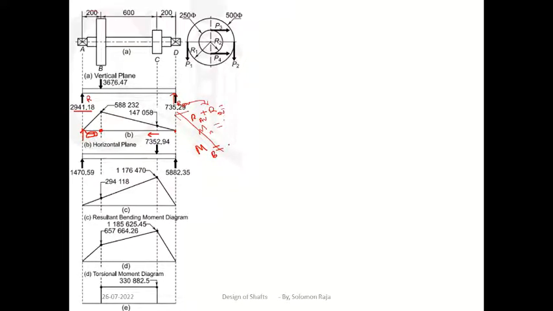RAV value is 2941 into distance 200 mm. So 2941 into 200.